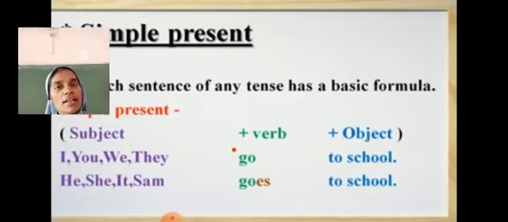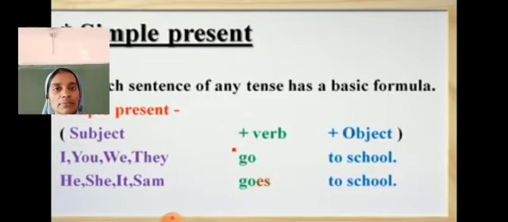So in simple present tense we use the base form or the first form of the verb, V1. One of the main things we have to remember is that in simple present tense, when the third person singular comes as the subject, the verb takes S or ES form.